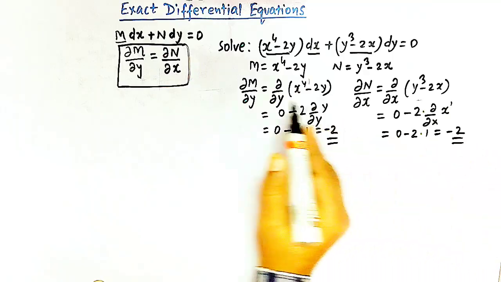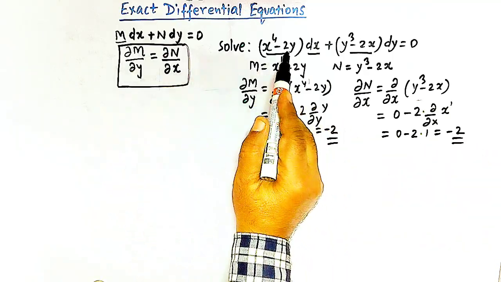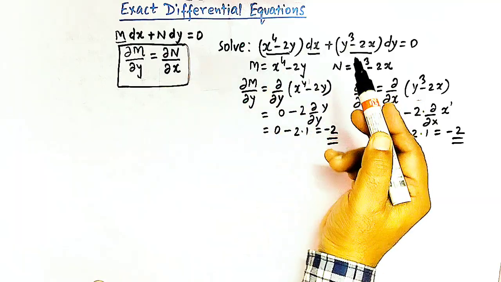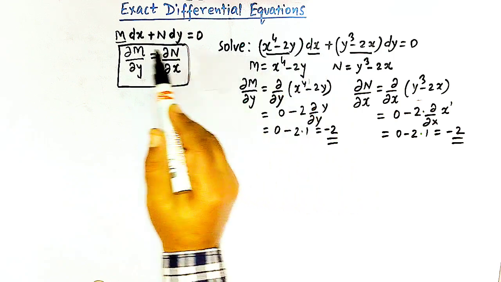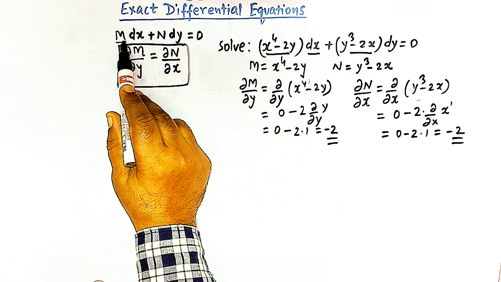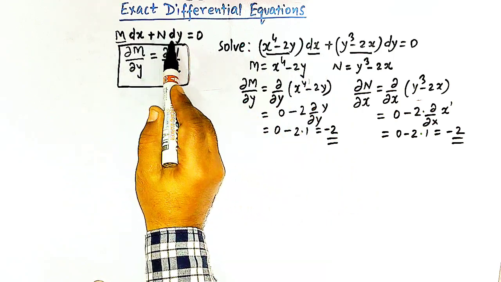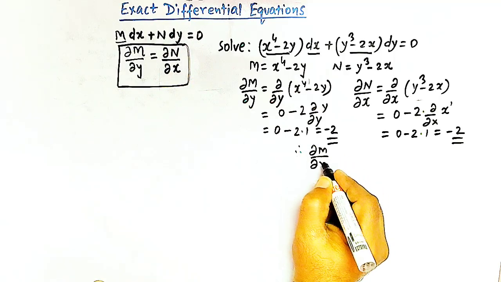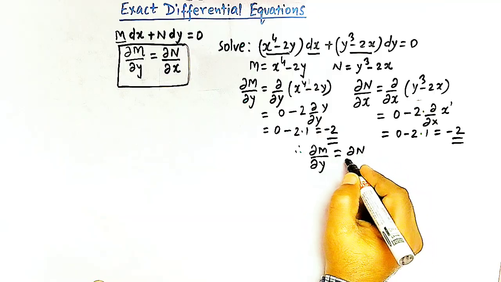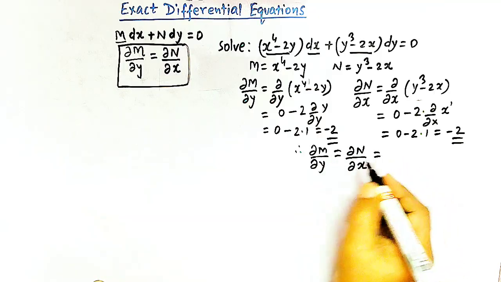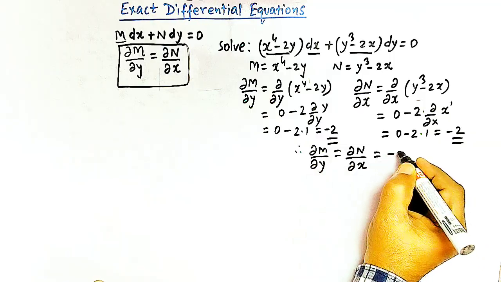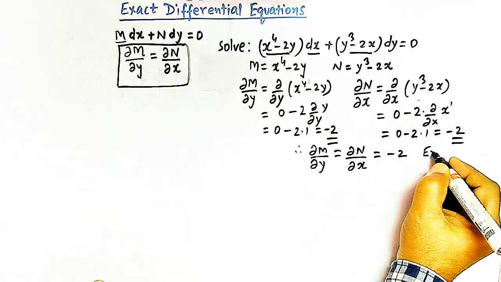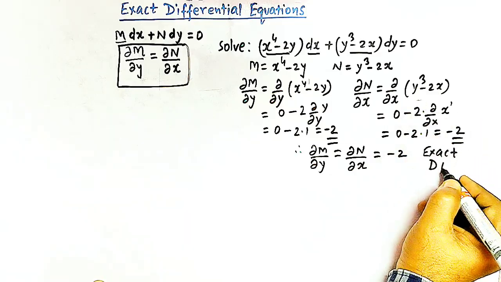So the condition is satisfied for this differential equation. We can now claim that this is an exact differential equation of the type M dx plus N dy equal to 0. Both partial derivatives are equal to minus 2, so this equation is exact.